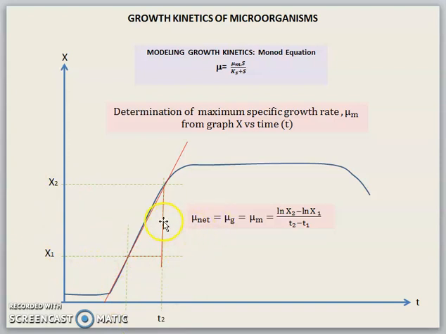Then, to find mu maximum, if you have the graph of x versus t, you need to take the ln of x and divide by the difference in time. So it will be ln x2 minus ln x1 over t2 minus t1. Then you are able to find the mu max of the growth kinetics for the microbes.